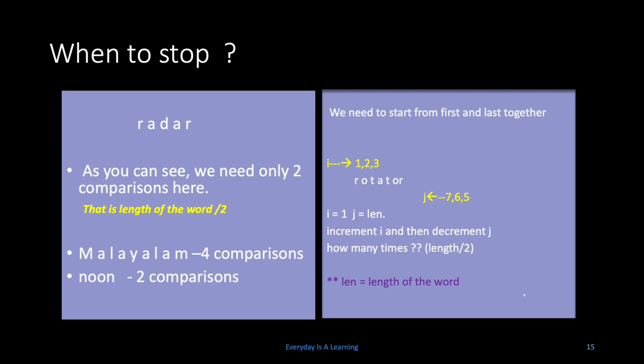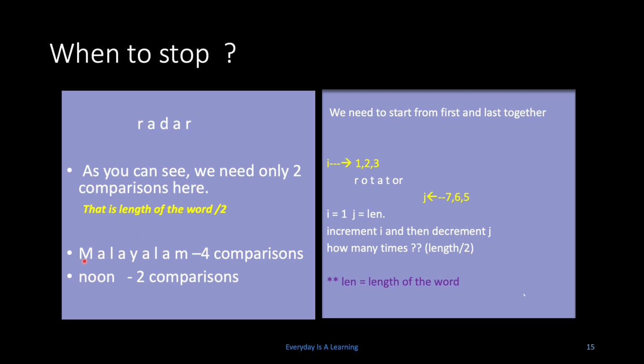So the question is, when do we stop? How many times do we have to continue? How long do we have to run our loop, right? So let's take this example radar. We did two comparisons. We compared R and R, and A and A, and concluded that this is a palindrome.